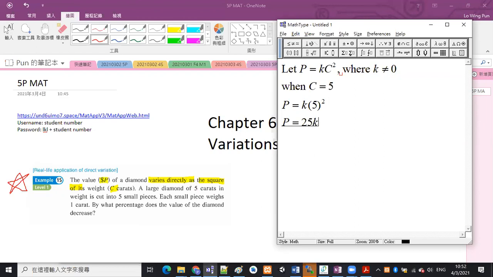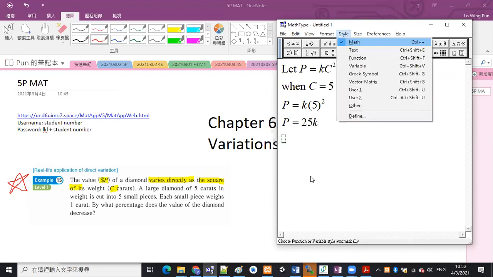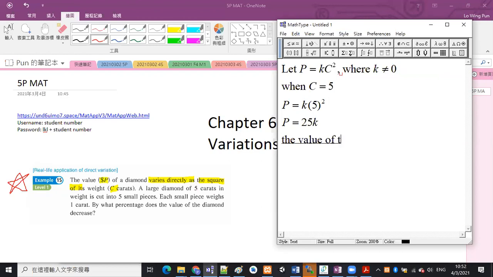This is the value of the large diamond. The value of the large diamond is $25K.